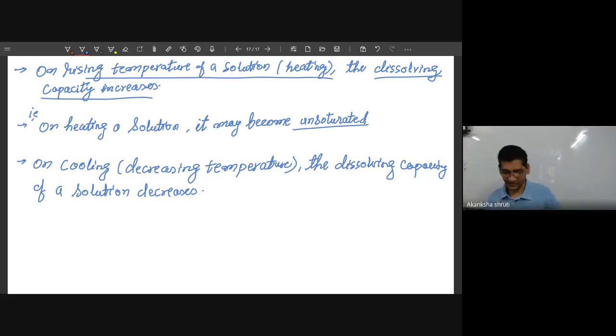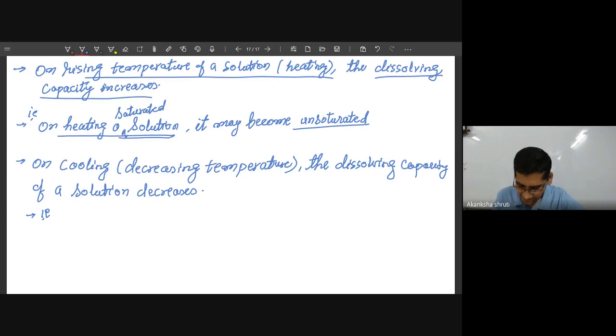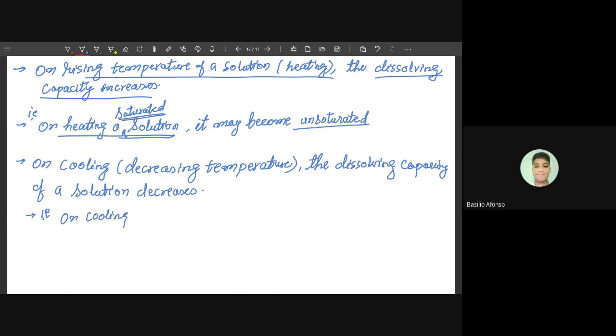Okay, students? That is what the alternative can be written. Even if an unsaturated solution is cooled, then it is possible that it becomes saturated. Just reverse of this one. So on cooling a saturated solution, it may become unsaturated.